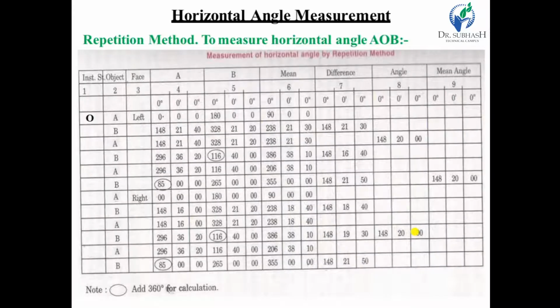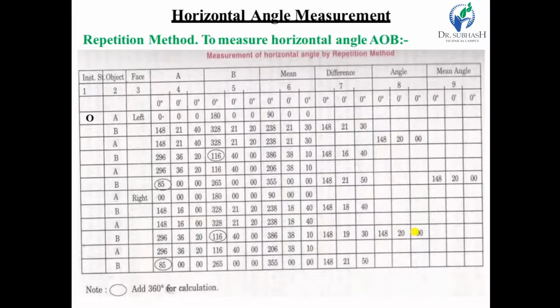Now see the table of the repetition method. In the table it is shown that first we take the repeated angles, 0 to 148 on vernier A. First reading on vernier A is 0, then 148. After that, we repeat the method and get the second reading, 296.